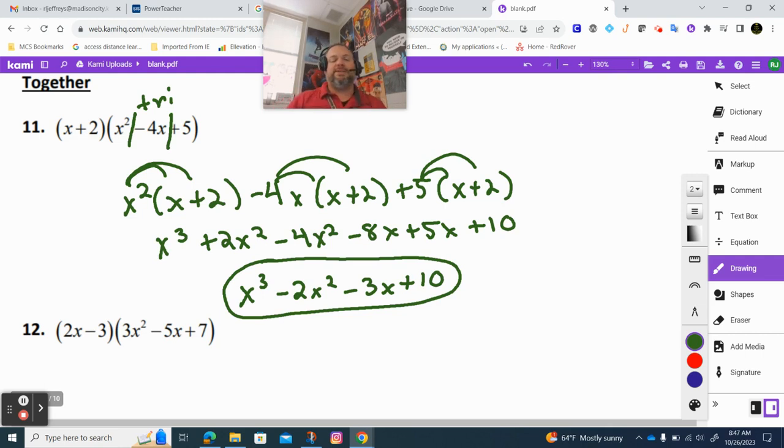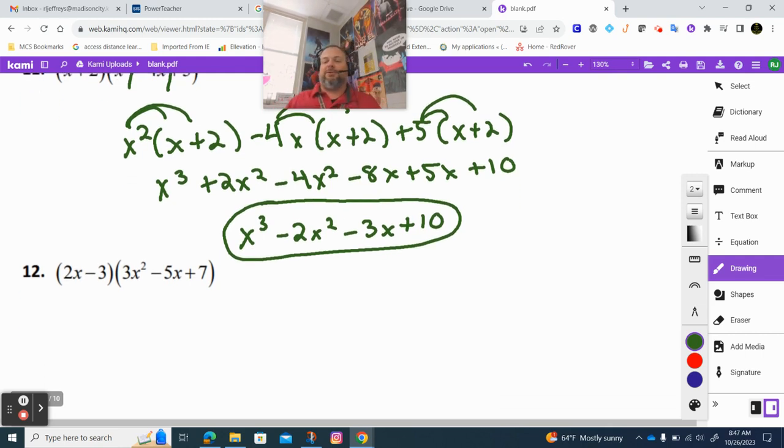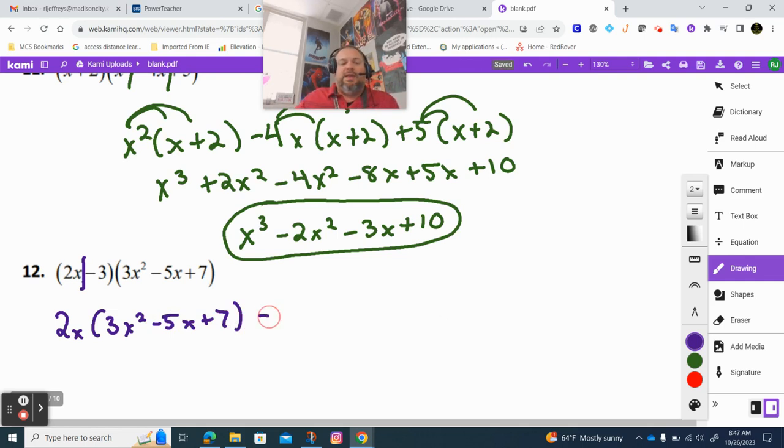Now, the reason why they did it like this in green is, if you do it like this, like on number 12, your like terms aren't going to be beside each other. What's circled is the answer to 11.